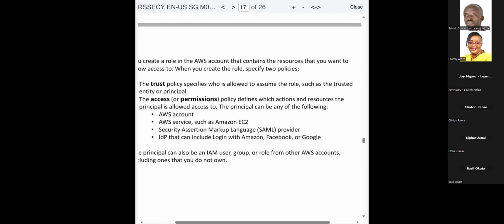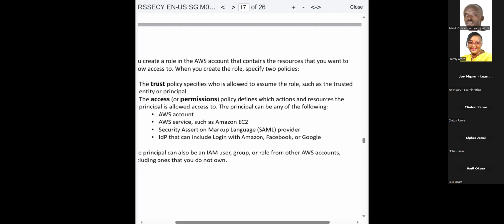So the permissions are going to say EC2 can access S3 and pick images from this bucket. The principal can be any of the following. It can be an AWS account. In the next few lessons, you're going to learn that you can have multiple AWS accounts and bring them together.